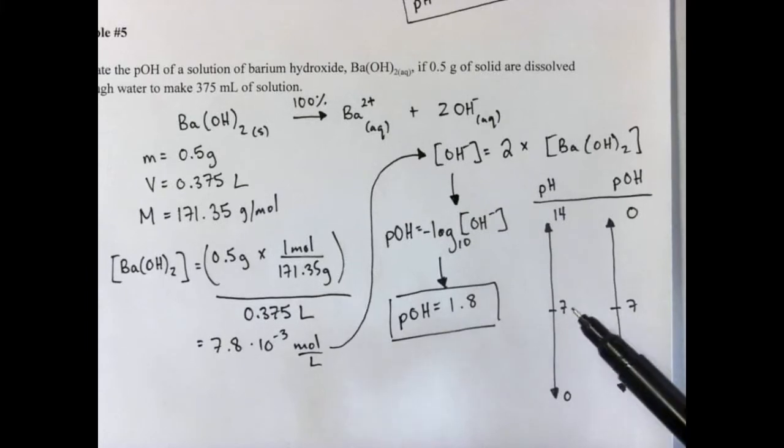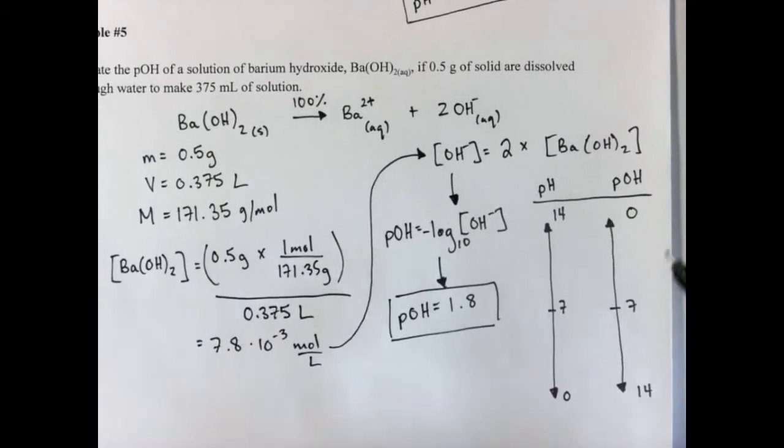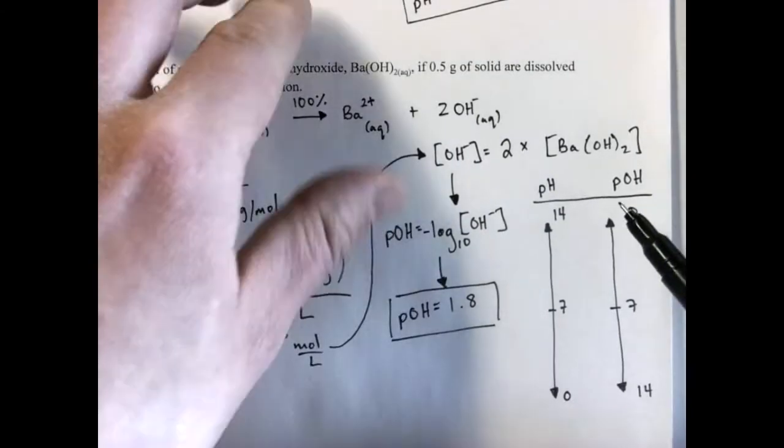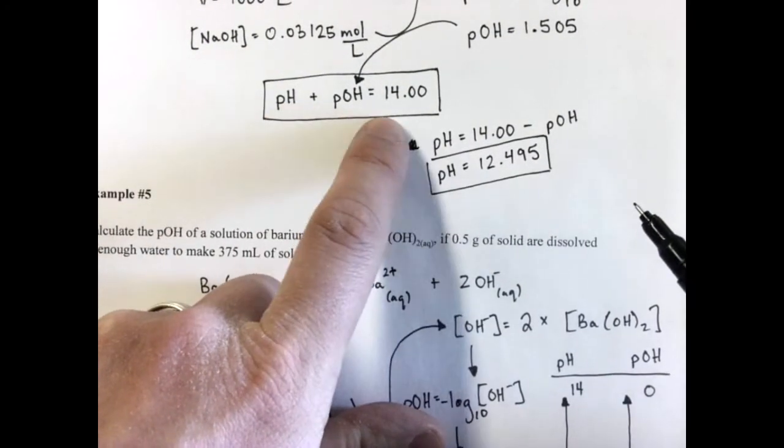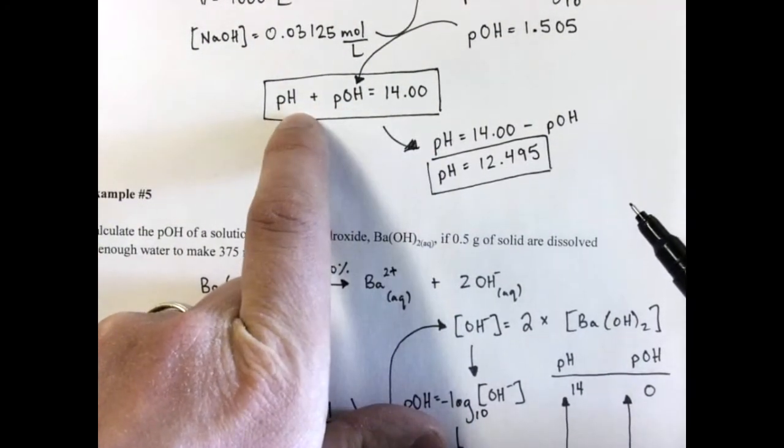Something that's neutral will have a pH equal to the pOH. So this is a really useful relationship: if one's high, the other one has to be low, and vice versa. And that comes back to why we can use this conversion here.